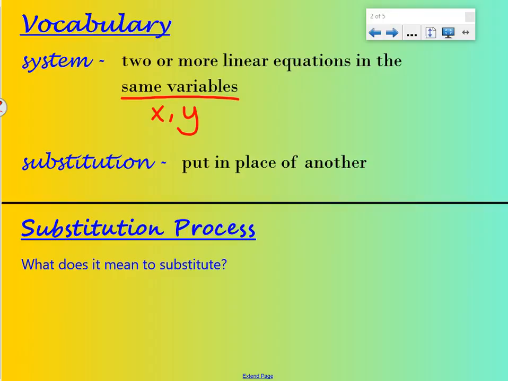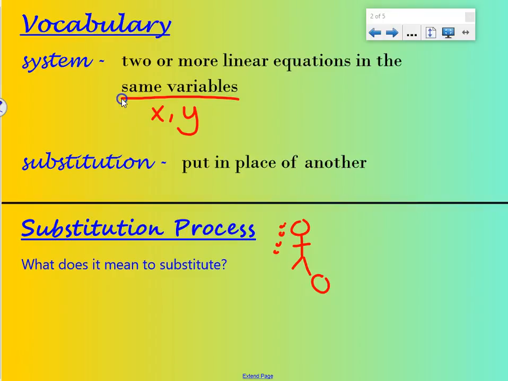If any of you guys have played a sport, there's substitution in the sport. You take one player and you substitute it for another player. So if I have Kevin here, who's on the field kicking a soccer ball, but he's tired, he's out of breath, he's sweating. Whew, he needs a break. So he says, "Coach, I need a break."